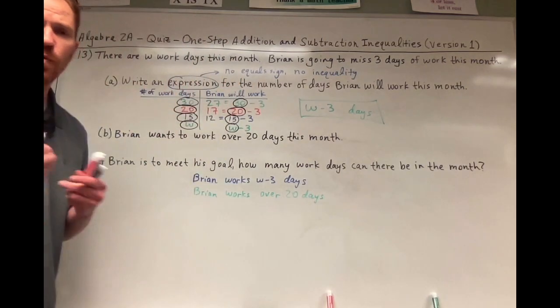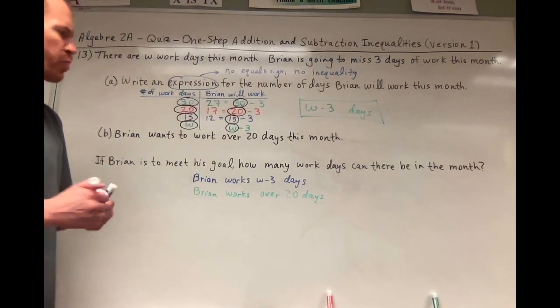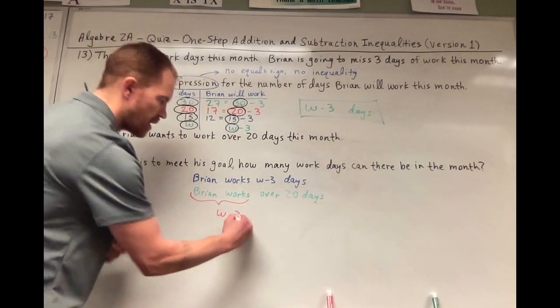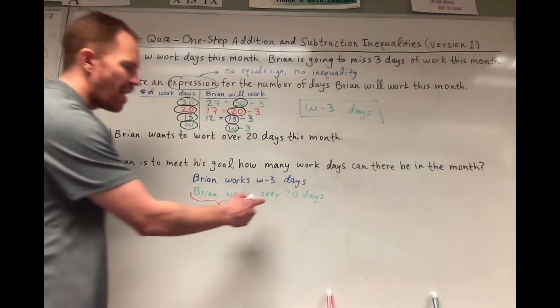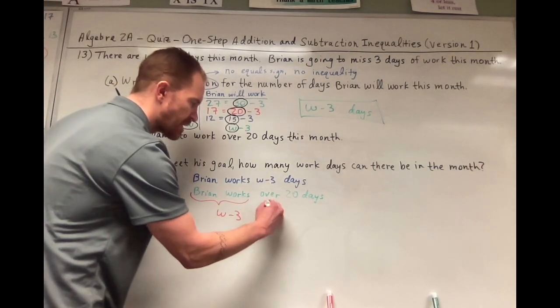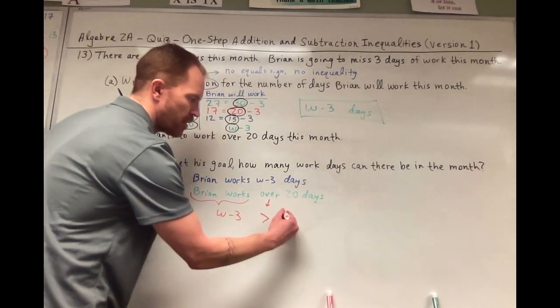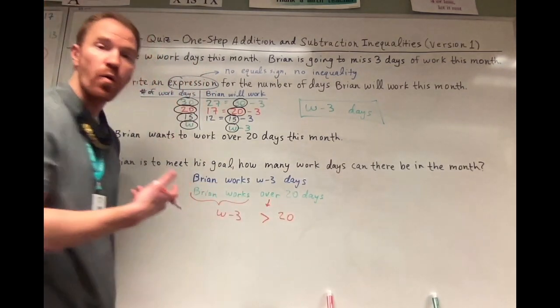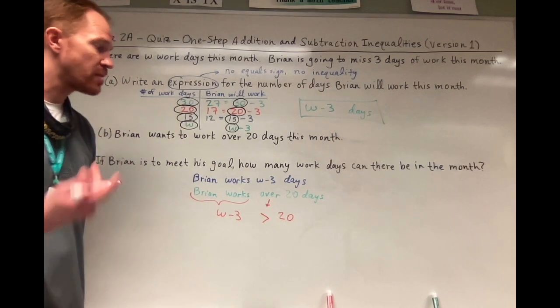And so what I'm going to do with this is I'm going to say, all right, well, what Brian works is W minus 3. If it's going to be over 20, that means it's got to be greater than 20. So now I've written an inequality, and now I'm just going to solve that inequality.